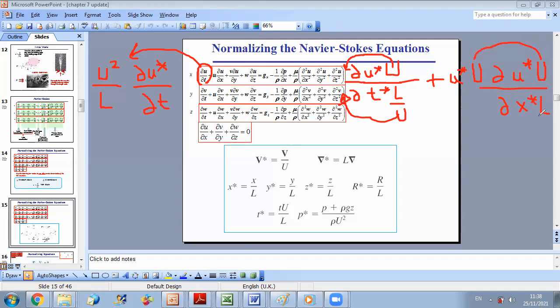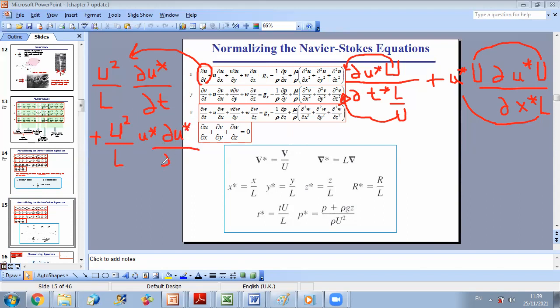So the final result is plus U square over L, a common factor, times U star times del U star by del X star.